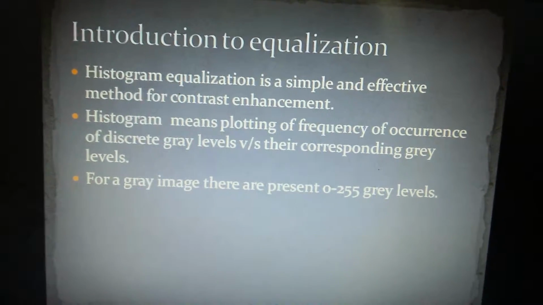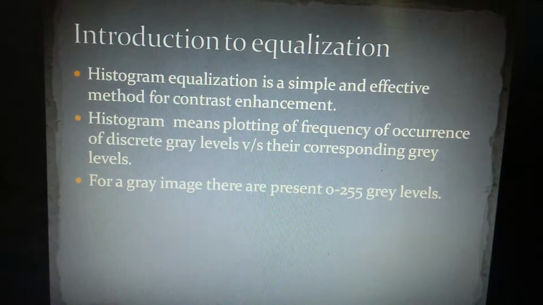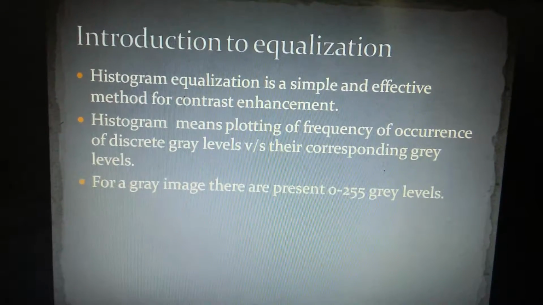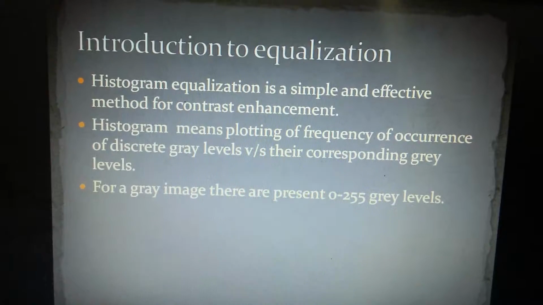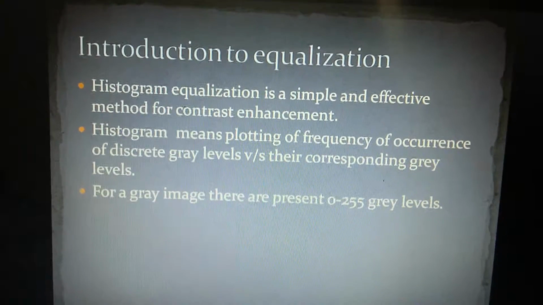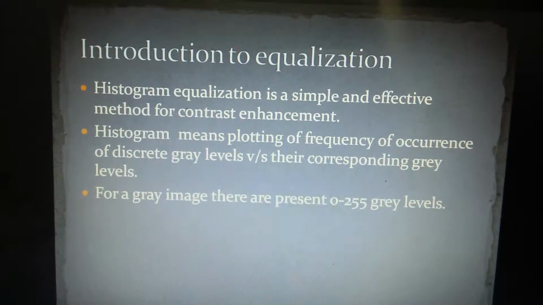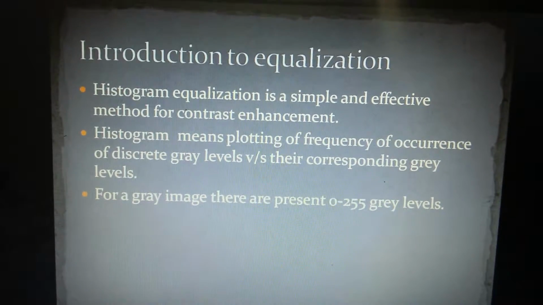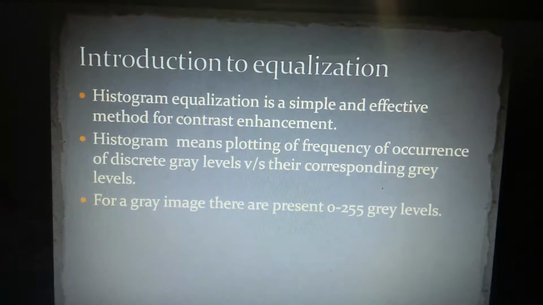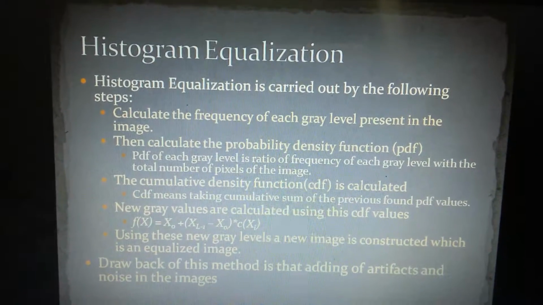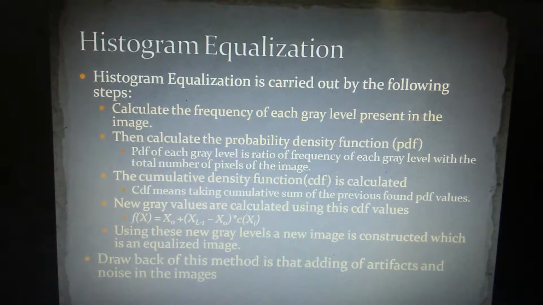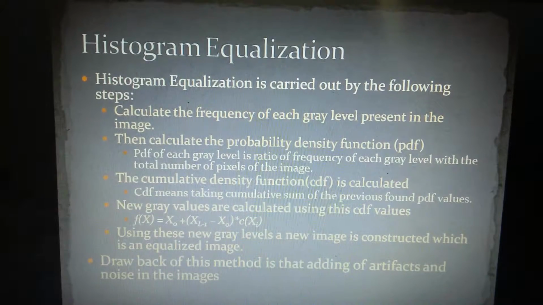Histogram equalization is the most simple and efficient method for contrast enhancement. A histogram is nothing but the plotting of the frequency, or the occurrence, of gray levels versus the discrete gray levels. Histogram equalization is performed sequentially.